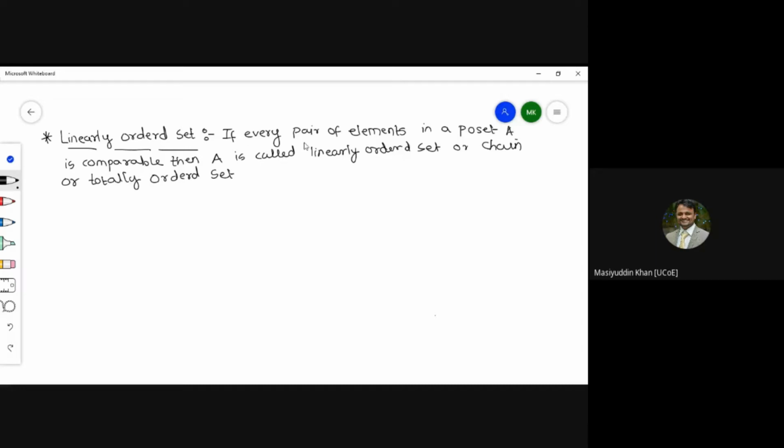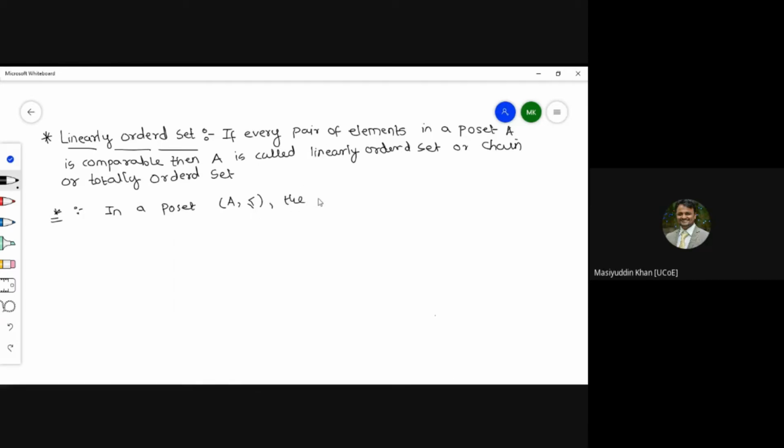But what is the meaning of comparable here? Let me define it. In a poset, we saw the condition a less than or equal to b.